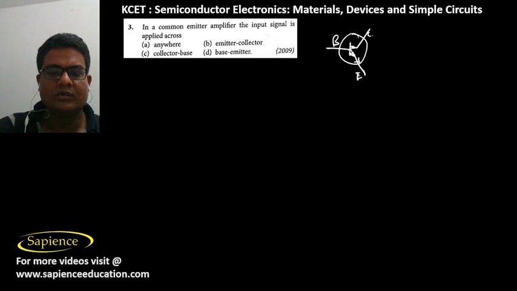So in the common emitter, the input signal is applied across base and emitter. Option D is the correct answer.